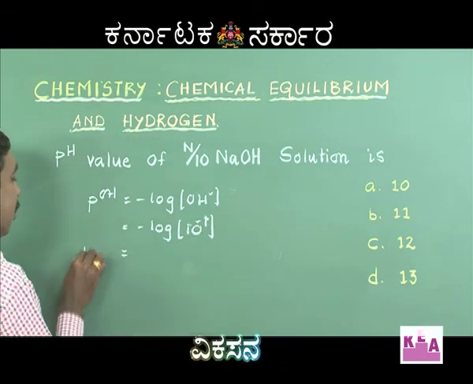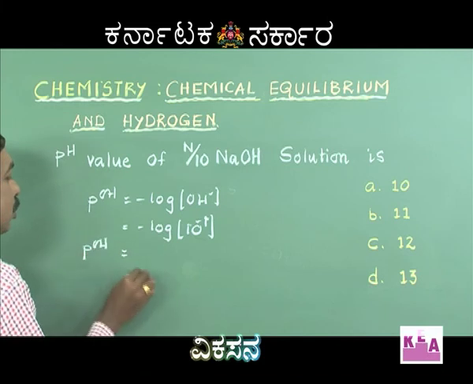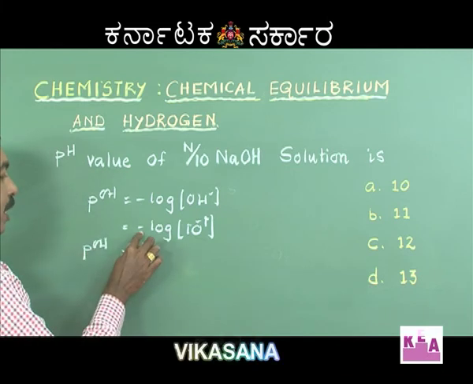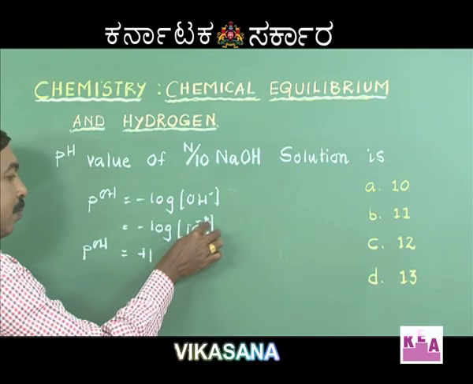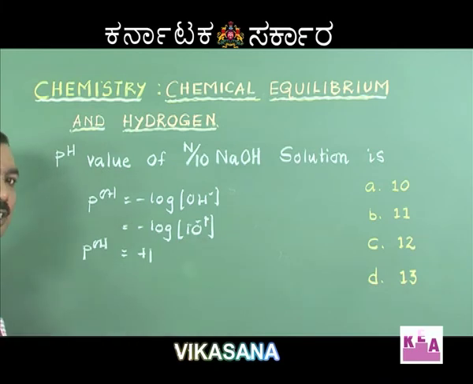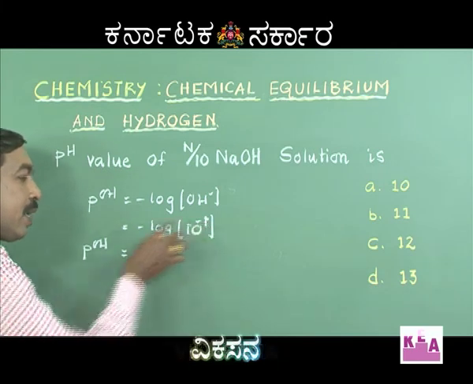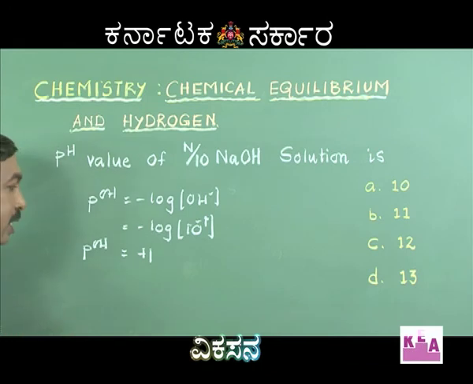Therefore, I get pOH is equal to minus log of 10 power minus 1. I am aware of the concept: log of a power m is m log a. Therefore, I get pOH is equal to plus 1.